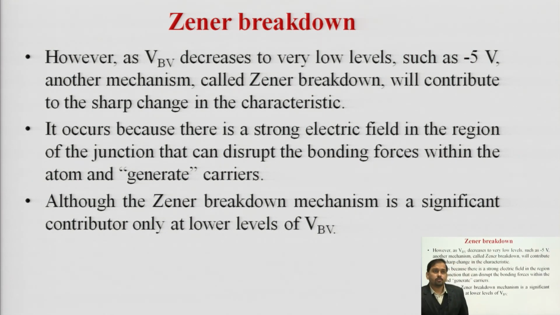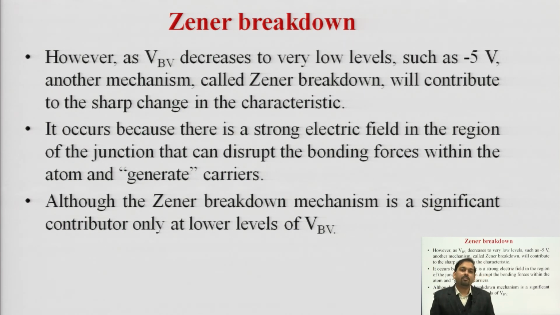Next effect is known as Zener breakdown. Now, how does Zener breakdown occur? This Zener breakdown is due to heavy doping. When the doping is high, the width of the depletion region becomes narrow, and due to the narrow depletion region, the electric field existing inside the depletion region becomes very intense.